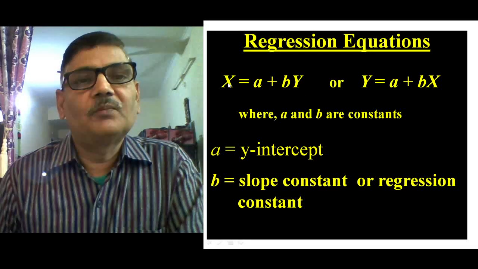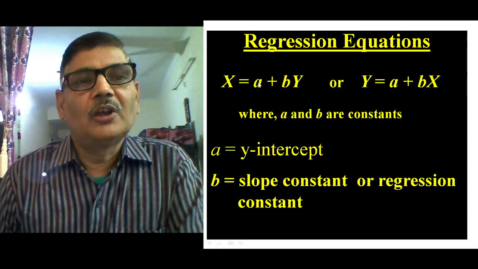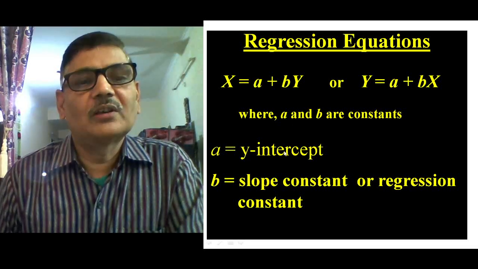So here, if we consider the first one, that is x = a + by, then here a and b are the two constant values, where this a is actually the y-intercept and the b is a regression constant. So this is the regression coefficient or regression constant, which is also considered as the slope constant.